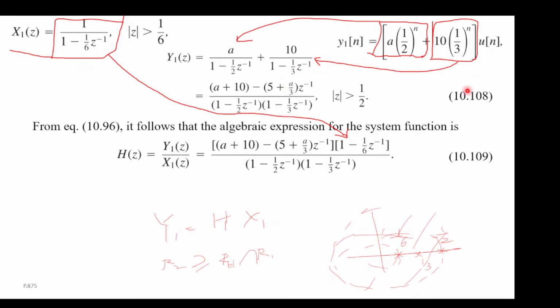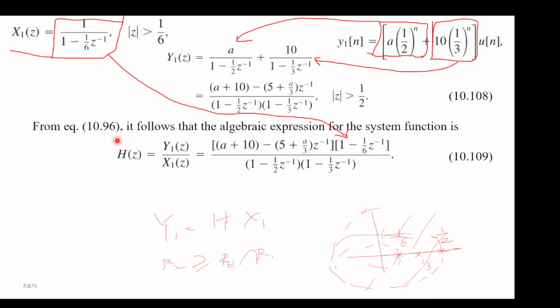So this is the pole at 1/2, this is the pole at 1/3, and since it's a right-sided function, both of these should pick the outside. So the ROC should be the intersection of outside 1/2 and outside 1/3, so the ROC should be outside 1/2. If you combine those two terms, it's this complicated expression.